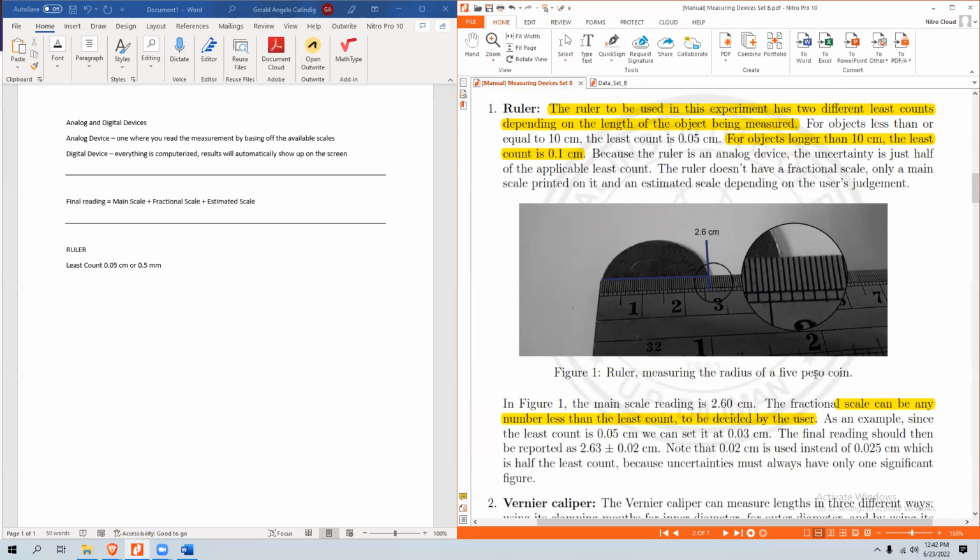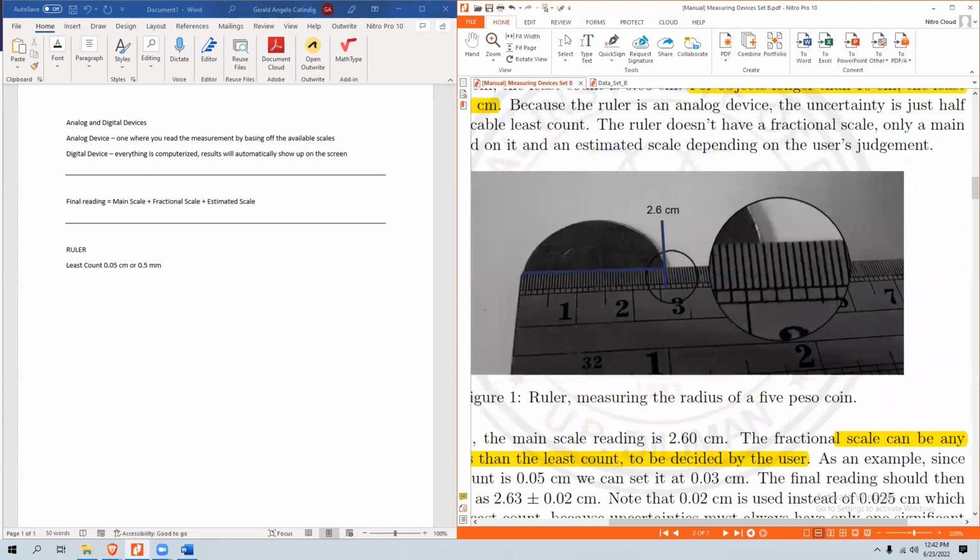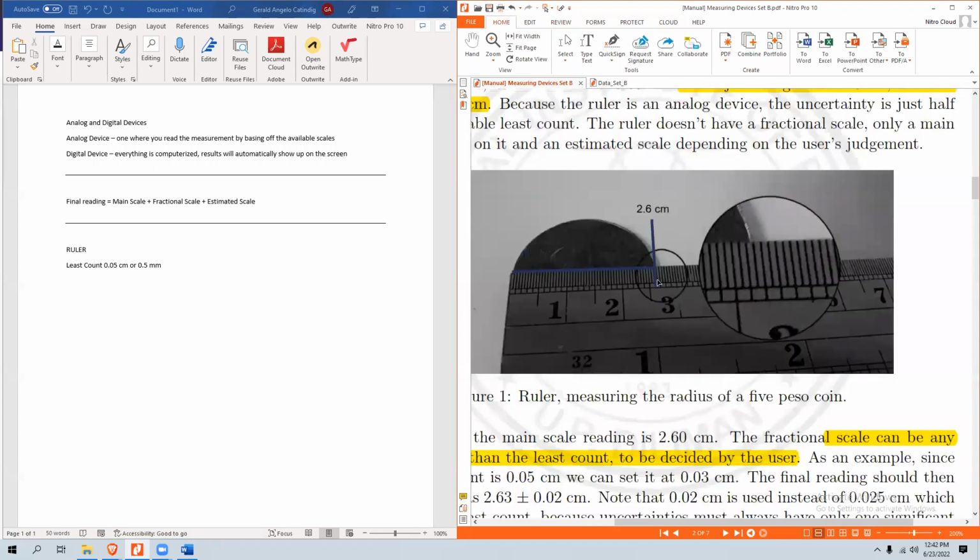Note that this fractional scale is entirely up to a guess. So where did this guess come from? If you see the measurement here, zoom in on the measurement of 2.6 centimeters of the 5 peso coin. Again, the measurement of the 5 peso coin on the line is not exact. So it's not really an exact measurement.